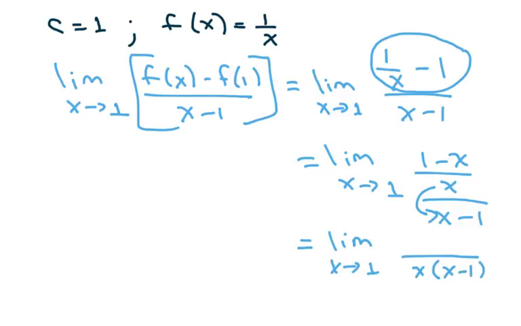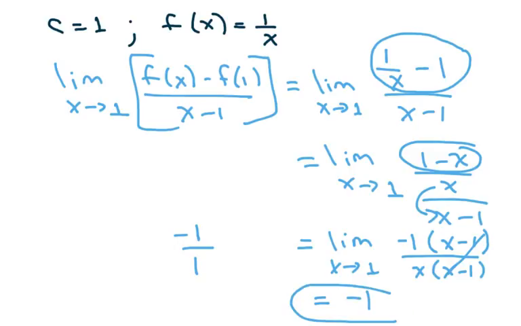And I can multiply the numerator by -1 and flip this, so we're going to get x minus 1. Basically you can do that. So what we get is these cancel, and when you plug in 1, -1 over 1, and that's going to equal -1. Okay?